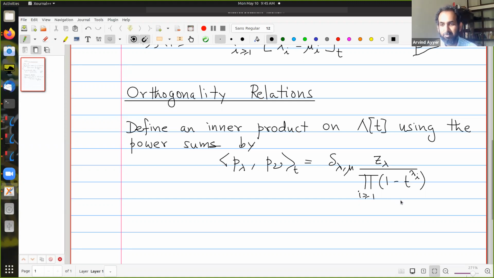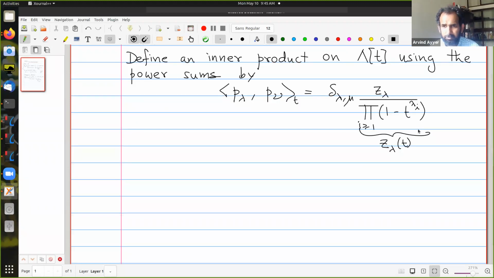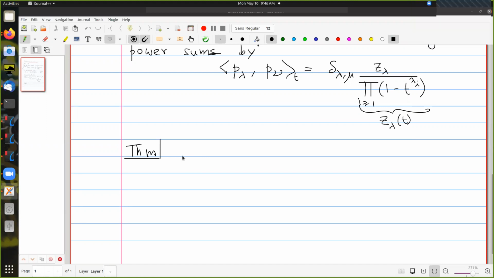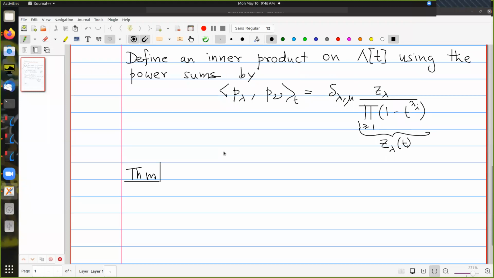So this thing is denoted z lambda of p for T. Okay. So the theorem which generalizes the theorem that I just mentioned in Amri's lectures is the following. Sorry, on the left hand side, should that be a mu then? Yes.